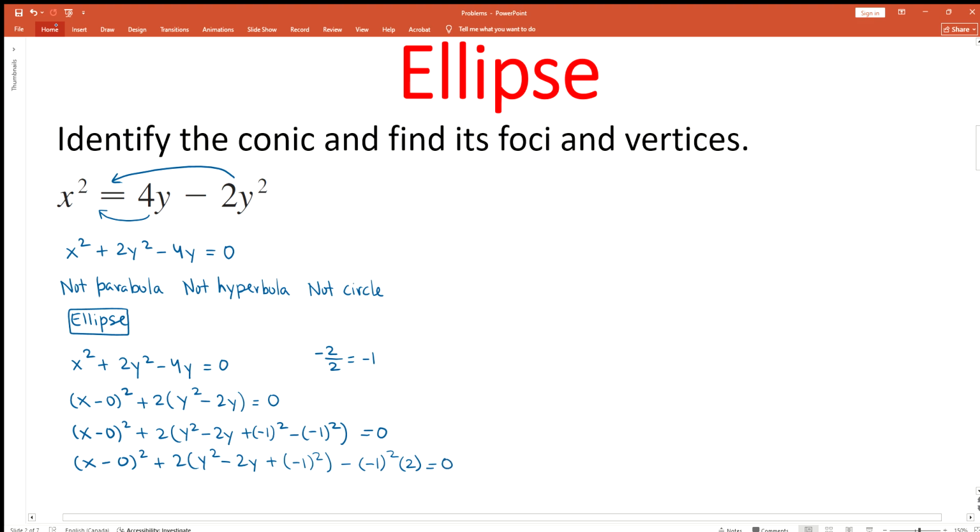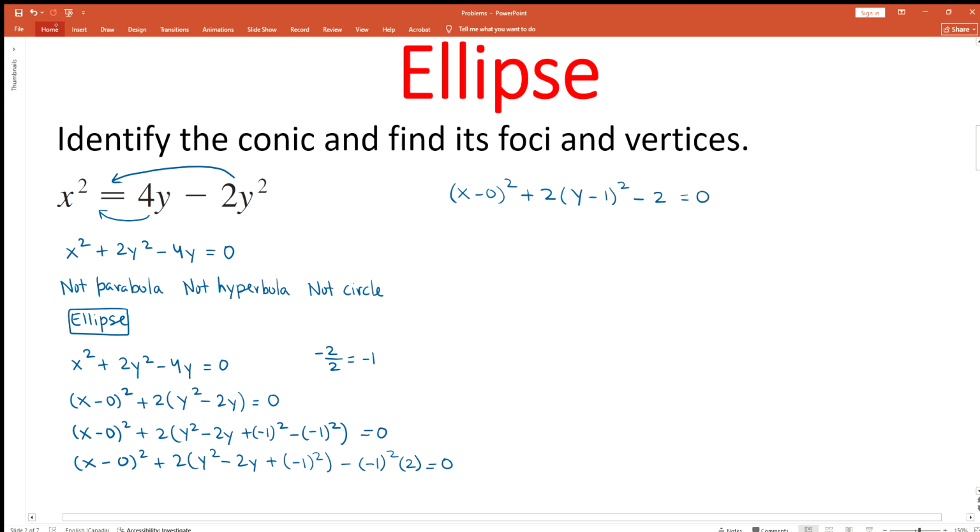Next, we can complete the square in the second parentheses. We should write it as y and then the term that is being squared, which is negative 1. So we get y minus 1 and then we put the square outside the parentheses. And next we evaluate negative 1 squared, which is equal to positive 1. 1 times 2 is 2. So we get minus 2 equals 0.